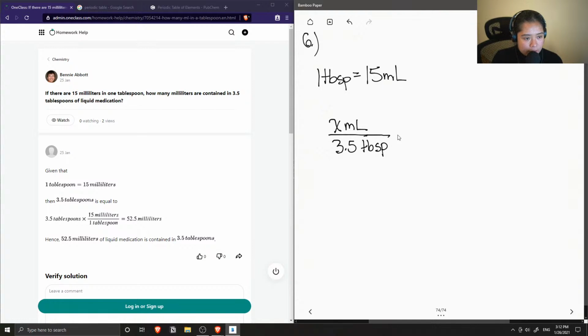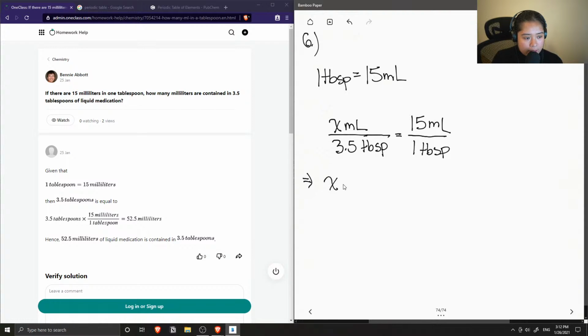So to solve for this, we'll make this equal to our conversion factor and have the same order of numerator and denominator. So whatever unit we're looking for will be on top, which is milliliters, and the units that we're trying to get rid of will be at the bottom. So this is tablespoons. So now all we need to do is solve for x.